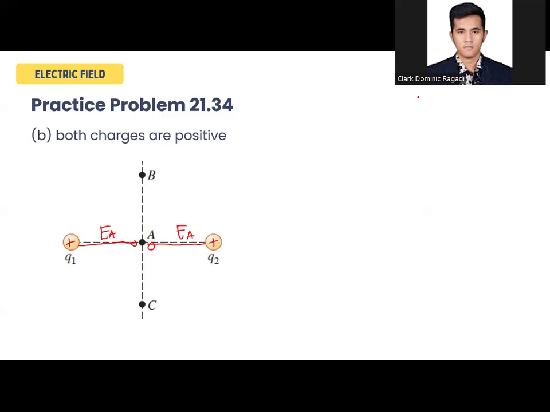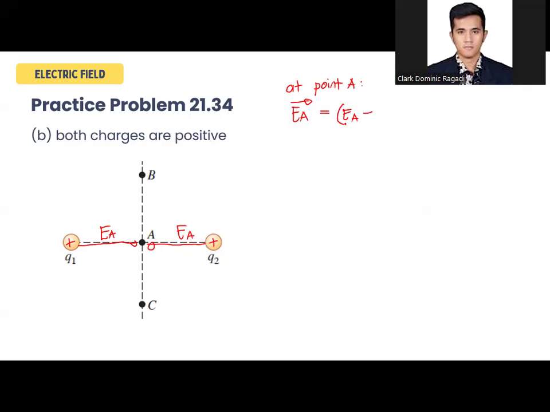Let's consider the electric field at point A. Vector EA equals, on the side of Q1, EA going to the right, so that is positive, but on the side of Q2, it is negative since it's going to the left.